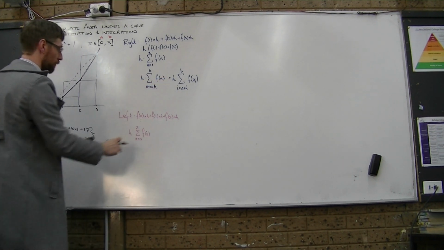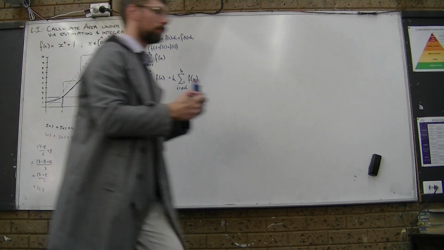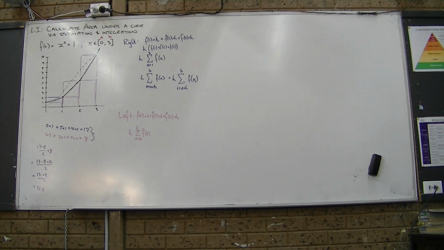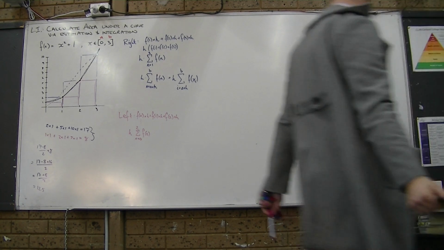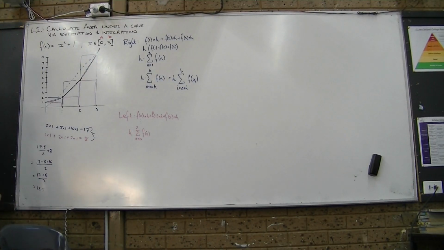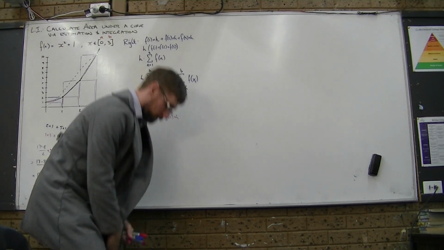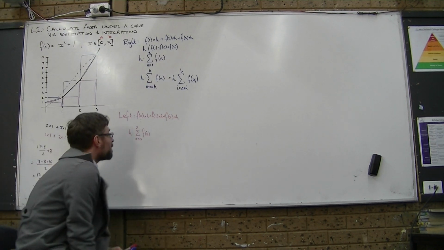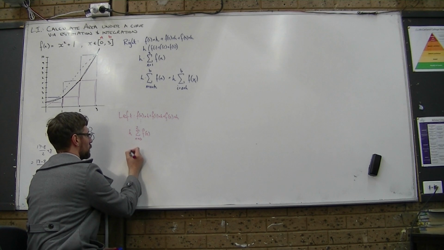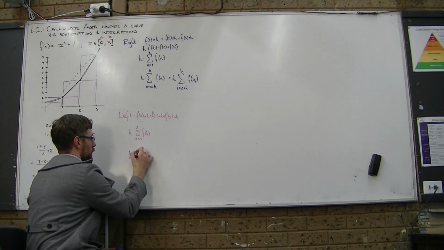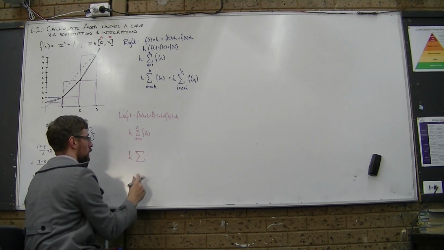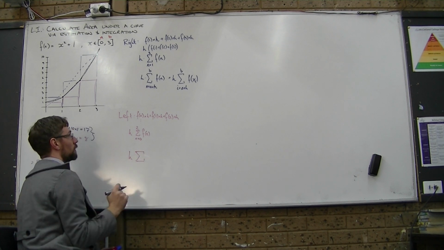Let's see if we can generate from this. Can we generate one for this? Any takers? Sigma from n equals A to B minus H of F of n.